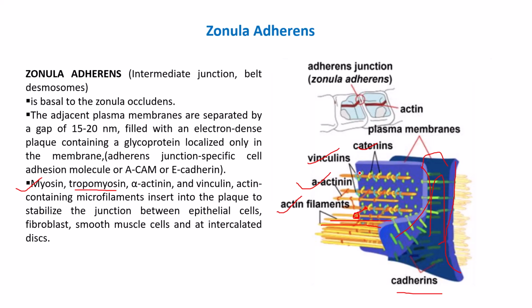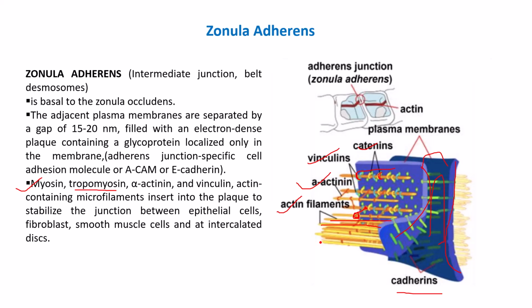Vinculin makes a loop-like structure and joins these actin filaments to the extracellular cadherins, and catenin also helps make loop-like structures to hold actin filament, and they also help in joining these actin filaments with the cadherins present at the intercellular space between two cells, right?